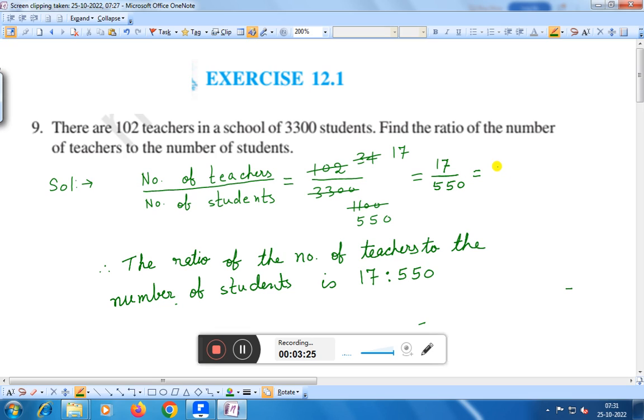Here you can write also, that is 17 is to 550.